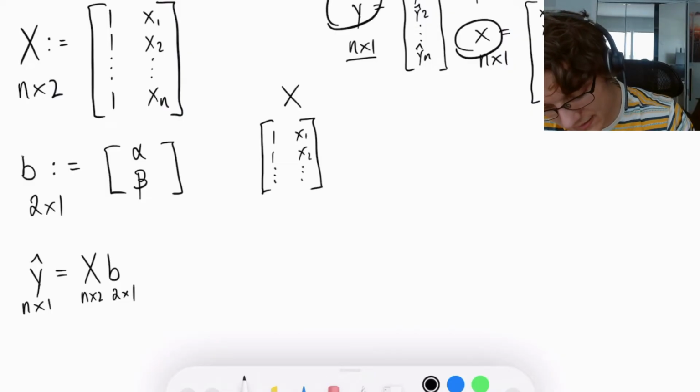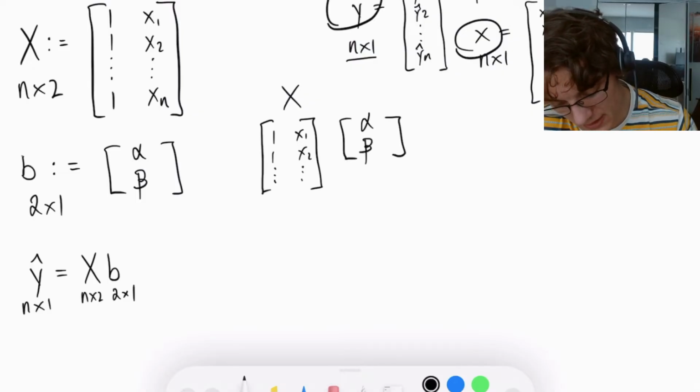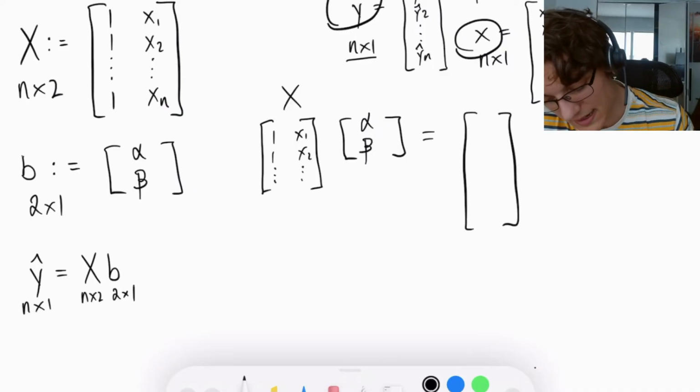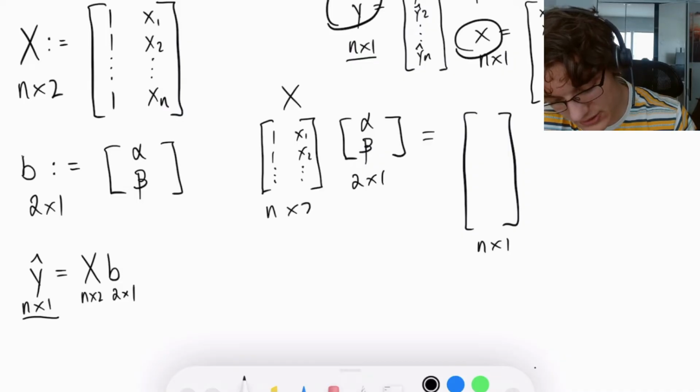So this is X. And then b is going to be alpha beta. So if we have x1 and 1, and we take this dot product, then we know that our output is going to be n by 1, just like we said here. So we know this is n by 1. We know this is 2 by 1. We know this is n by 2.